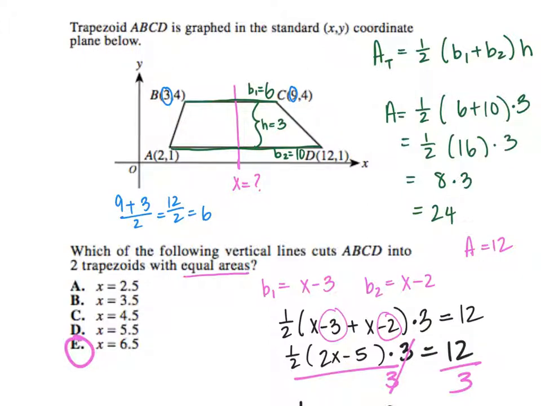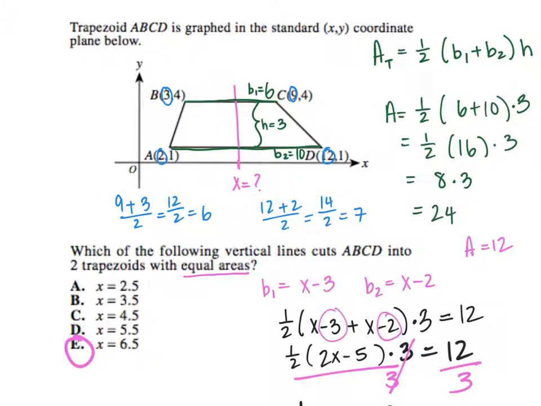Okay, and then you take the bottom, 12 plus 2 divided by 2, and 14 divided by 2 is 7. And then what you do is take these numbers, add those numbers, and then divide it by 2.